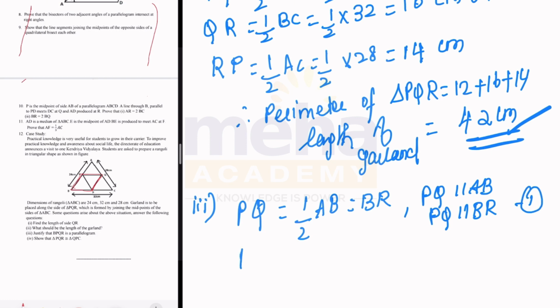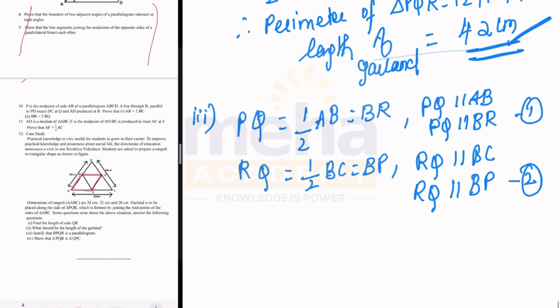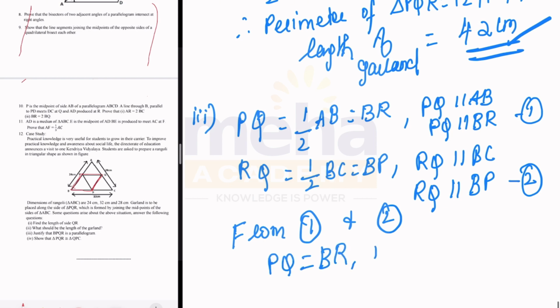Then what about RQ? RQ is equal to half of BC. Instead of half of BC, I can say BP. Also RQ will be parallel to BC. Then RQ will also be parallel to BP. Let us keep this as 2. So everything we are applying the midpoint theorem. So from 1 and 2, we know that PQ is equal to BR and PQ is parallel to BR.